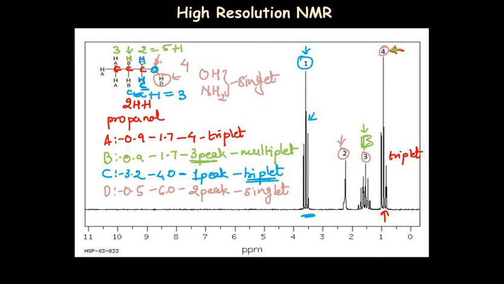So the hydrogen of alcohol and amine groups is always going to produce a singlet. So this is how we can study the high resolution NMR of some compounds, and here we took a type of alcohol. Now let's study one more example which will make all these points very clear.